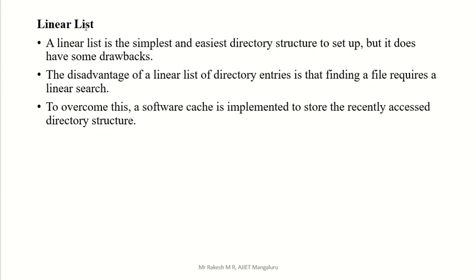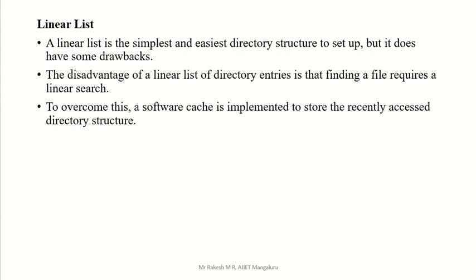Linear list means we have a directory, and you want to search it. Now consider one directory in which 100 files' information is there. The files are stored in the secondary device, but where each is stored, what its size is, and what its name is, that information is there in the directory.